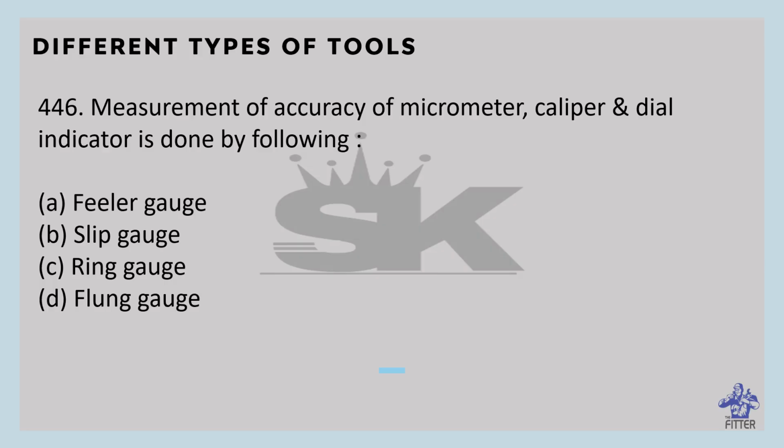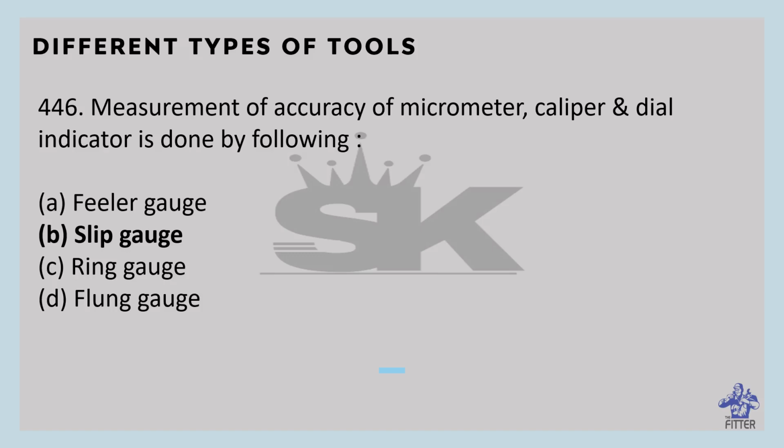Measurement of accuracy of micrometer, caliper, and dial indicator is done by slip gauges. A slip gauge is made of high carbon steel and has a rectangular shape. They are particularly accurate in measuring tolerances between 0.0012 to 0.005 mm.